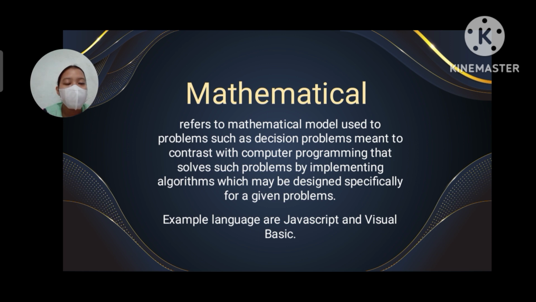Mathematical programming paradigm refers to the mathematical model used for a problem such as a decision problem, in contrast with computer programming that solves such problems by implementing algorithms which may be designed specifically for a given problem.